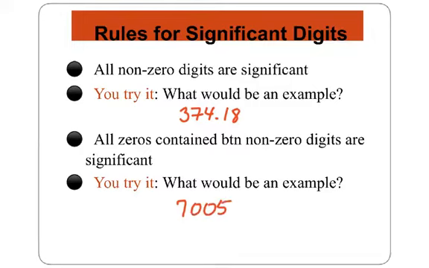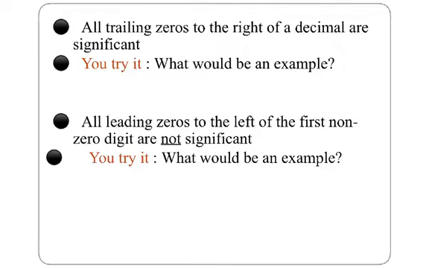So the number I'm choosing is 7,005. So I know from my first rule that numbers that aren't zeros are significant, and this rule says that if zeros are between digits that count, they count themselves. So there are 4 significant digits for this particular question.